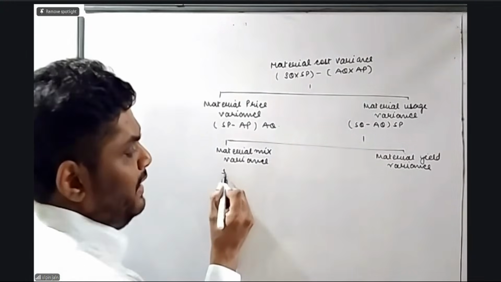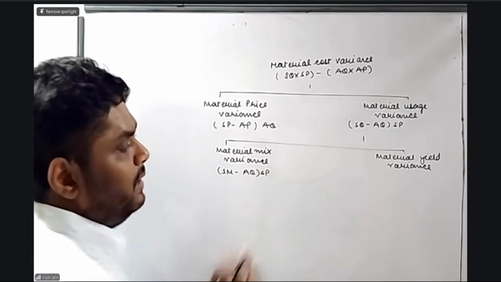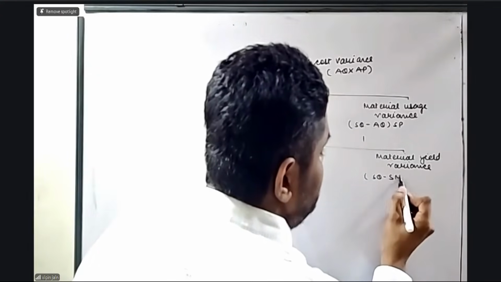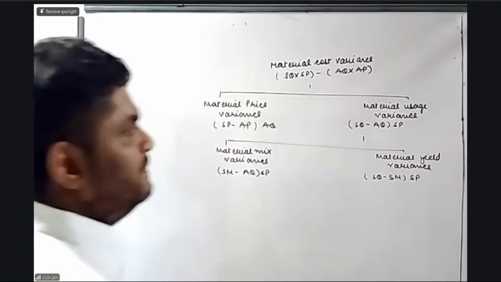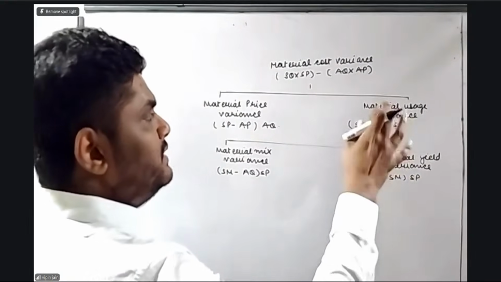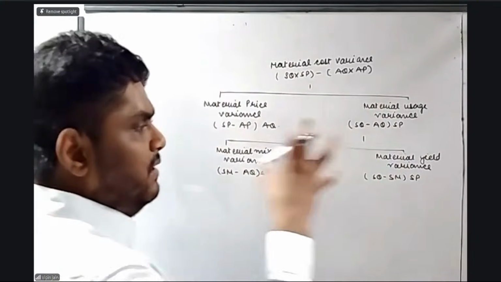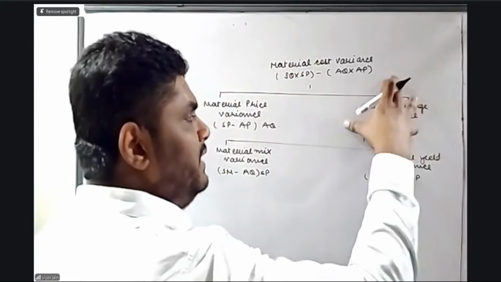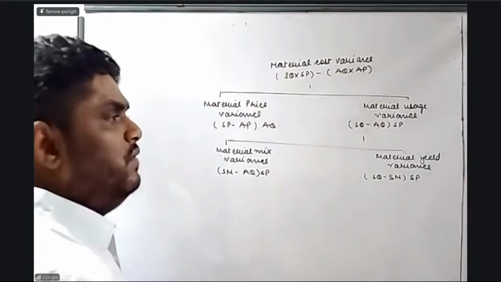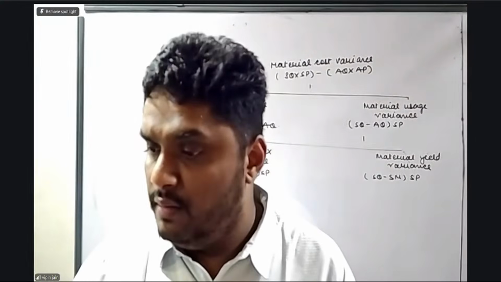Material mix variance is standard mix minus actual quantity into standard price, and material yield variance is standard quantity minus standard mix into standard price. Material mix plus yield will be usage, usage plus price will be cost. I repeat again, material mix plus material yield will be material usage variance, material usage plus material price will be material cost variance. So this is all what I have discussed in the previous session.